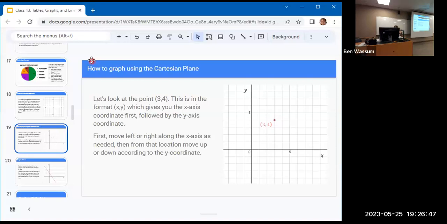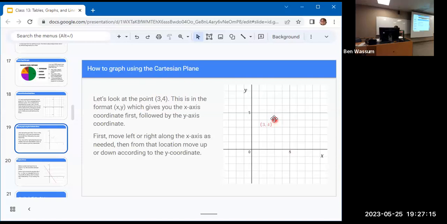So the x-axis coordinate is first, and then the y-axis coordinate. So in order to graph this, you start at the origin, and then you say, okay, what do I have, 3, 4? 3 is on the x, so you move 3 in the direction of x, 1, 2, 3. And then 4 in the direction of y, so you move 4 in y, 1, 2, 3, 4.